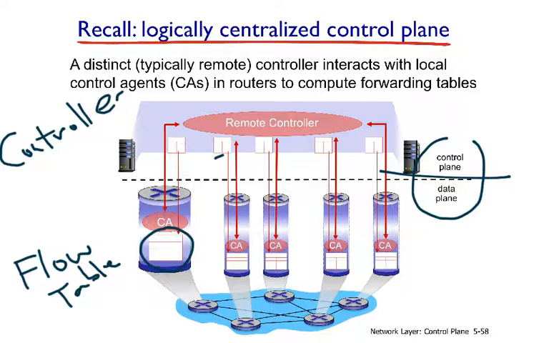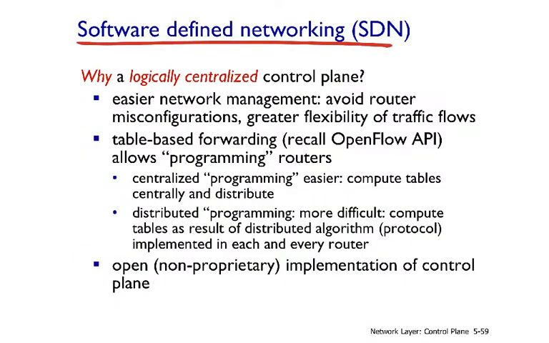So, coming back to the separation between the control plane and the data plane, maybe it's the most important feature of software-defined networking. Why a logically centralized control plane? First of all, with a centralized view of the network, it's easier to compute a routing algorithm. It's also easy to do network management and avoid router misconfigurations.